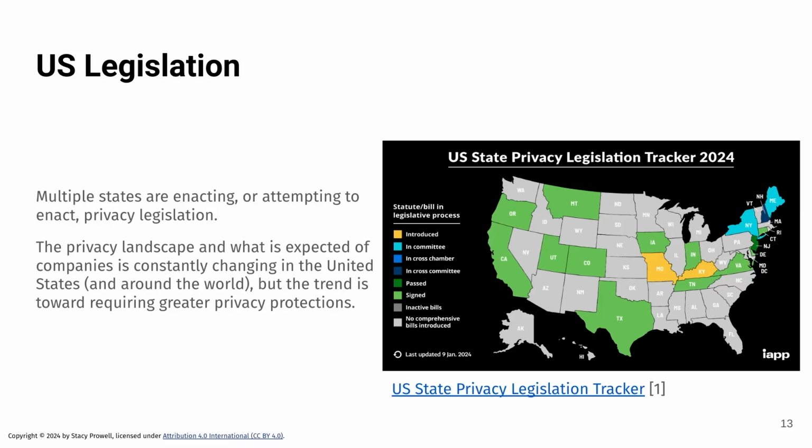Tennessee has the color green on it, so you can tell that it's got some signed legislation. You can see New Jersey has legislation that's passed, but not signed at the time this was created on January 9th. And you can see that Kentucky and Missouri have legislation that's been introduced.